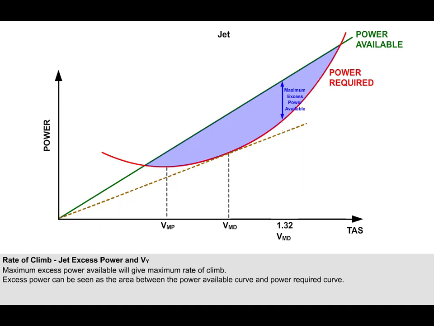Notice that it occurs at this speed. At any other speed, the excess power is less, and the rate of climb will be less. The speed for the best rate of climb is called Vy. For a jet aeroplane, you will notice that under sea level conditions, this speed occurs at 1.32 VMD and will decrease as height increases.